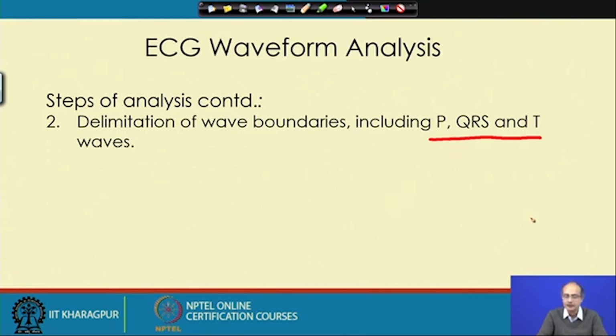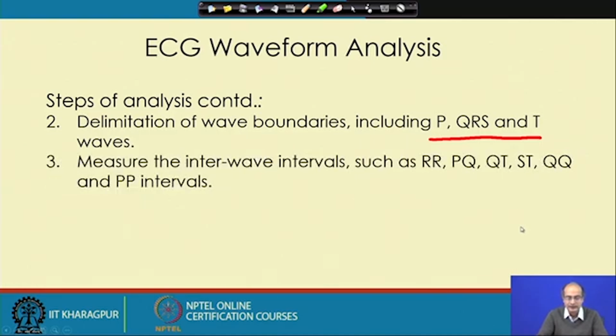So, instead of trying to find the period here, we are interested in the boundary of PQRST. That means, what is the starting point of P and where the T ends. We are interested in that because that is the part where the action potential of the muscle tissues is present.